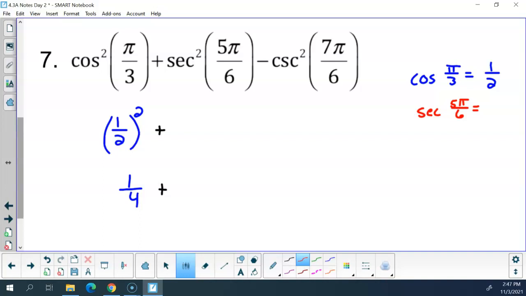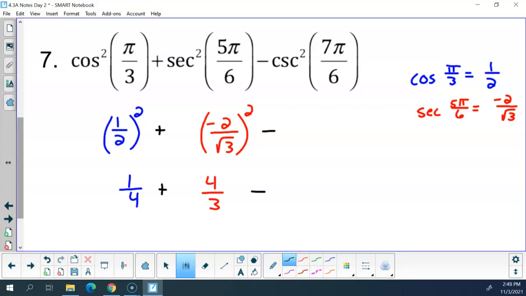That'd be -2 over the square root of 3. So this is -2 over the square root of 3 squared. What is that squared? 4 over 3. You reciprocated it and then squared it.